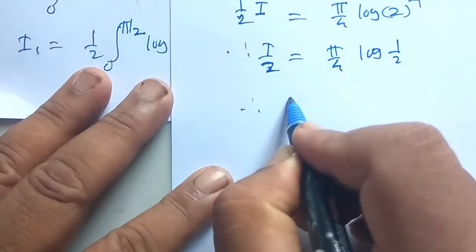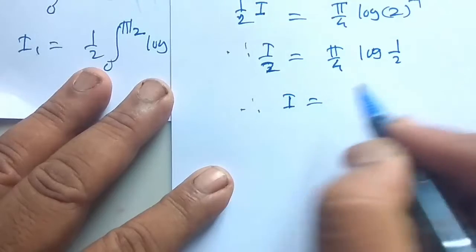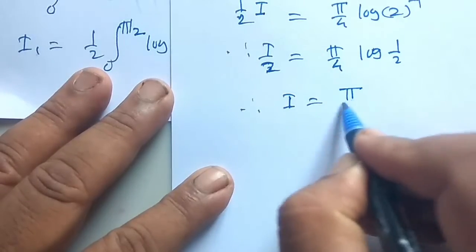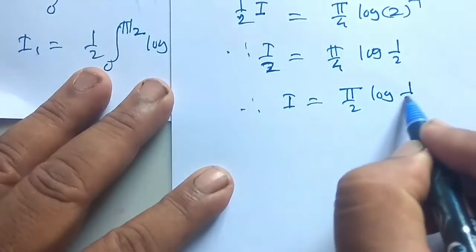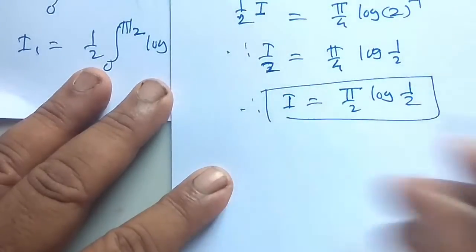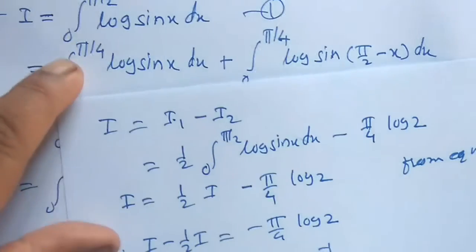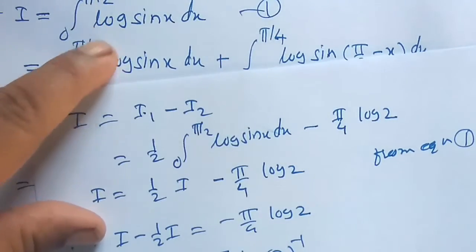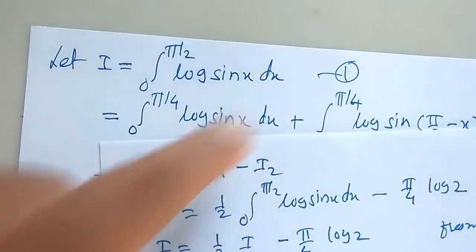Multiplying by 2, I is equal to pi by 2 log of 1 half. So this is the answer of the integral 0 to pi by 2 log of sin x dx.